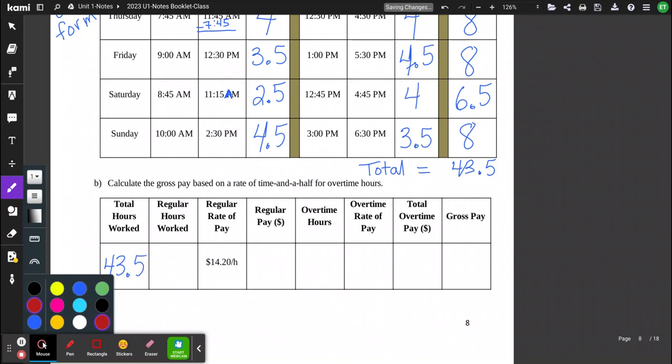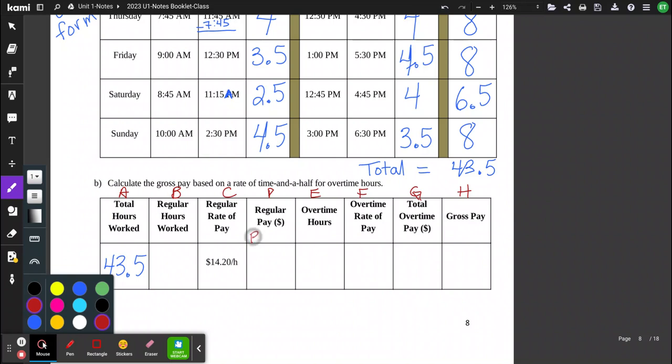So I'm going to label them A, B, C, D, E, F, G, and H. Okay, now I'm going to put the formulas in.